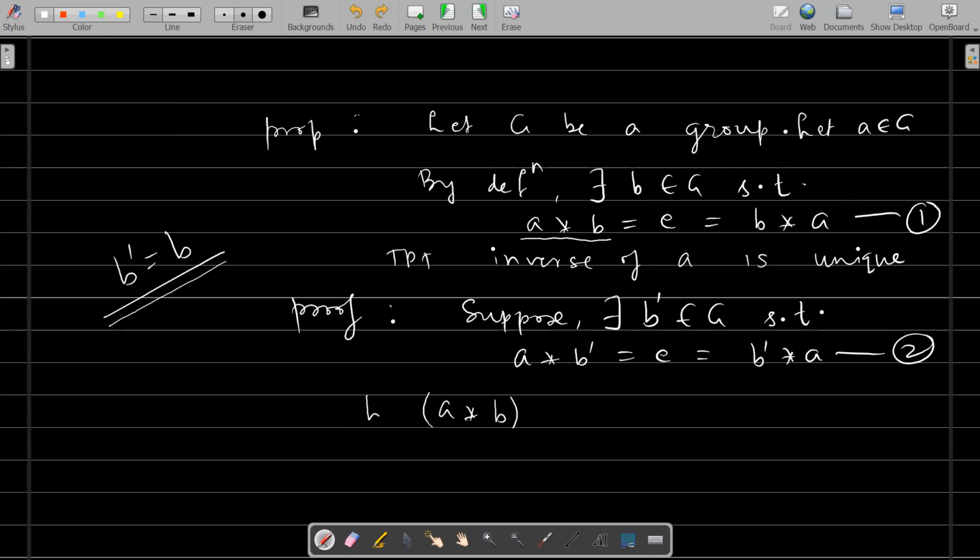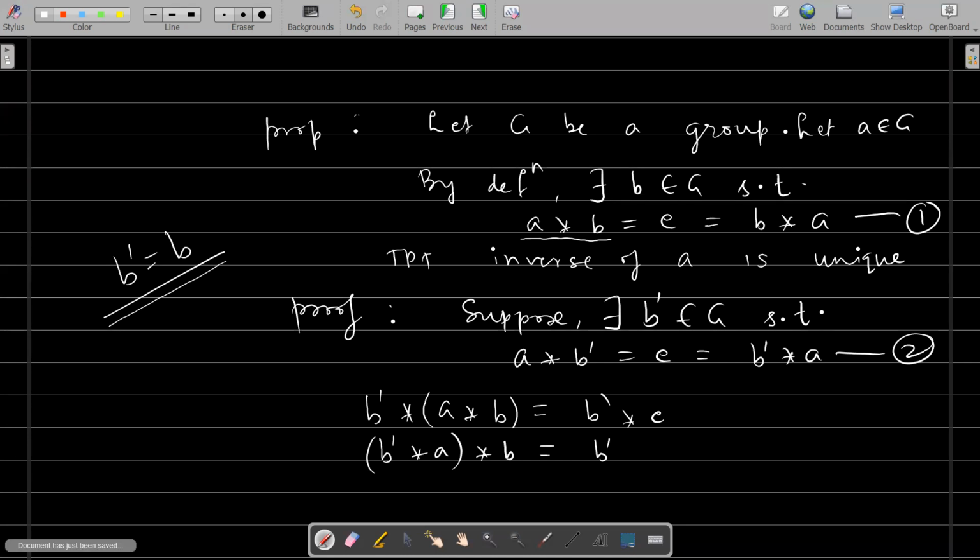So B dash star A star B is equal to B dash star E. Now the right side will become B dash, by the definition of identity. On the left side, we take the brackets around B dash star A, using associativity.